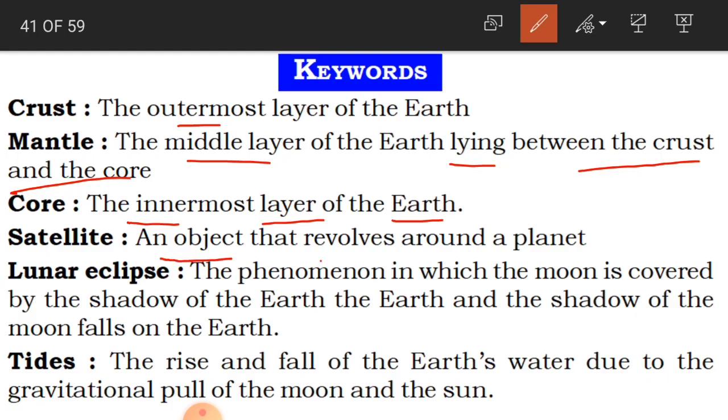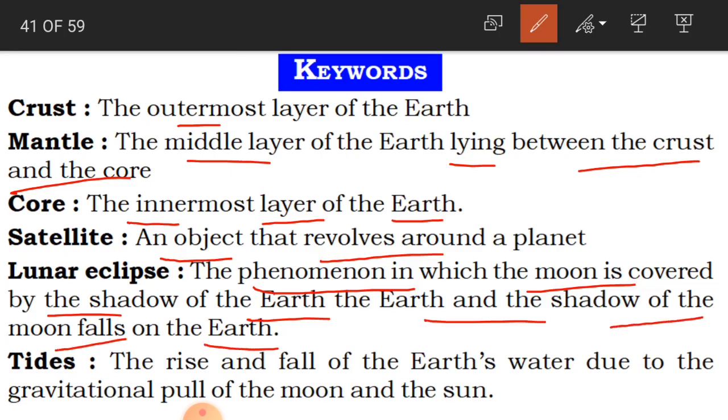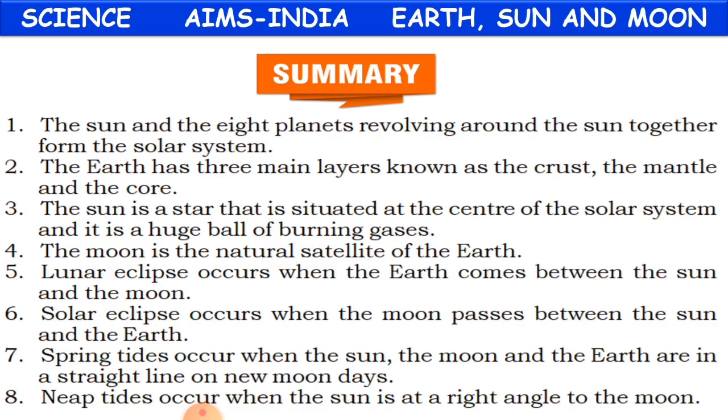Satellite, an object that revolves around a planet. Lunar eclipse, the phenomenon in which the moon is covered by the shadow of the earth. Okay. Tides, the rise and fall of the earth's water due to the gravitational pull of the moon and the sun. Clear children?